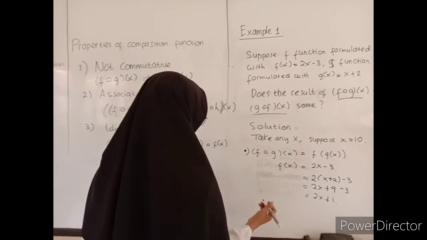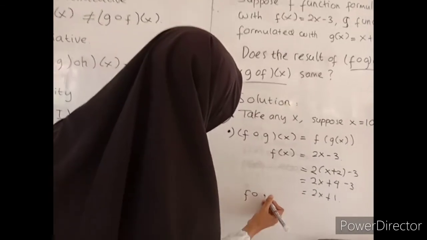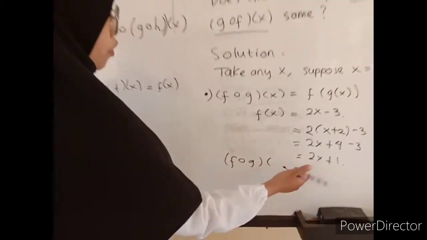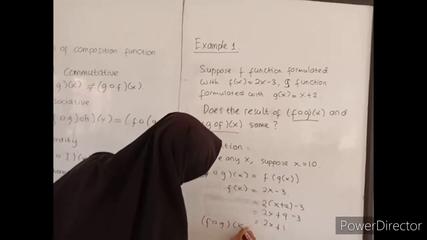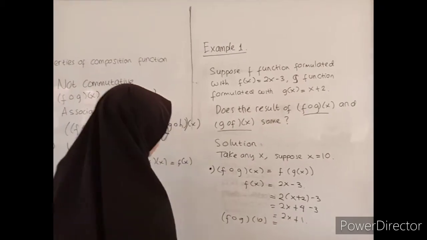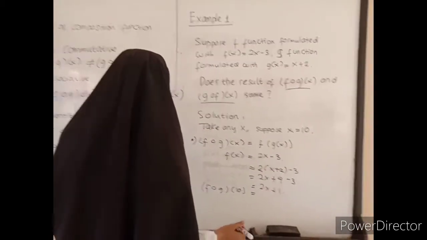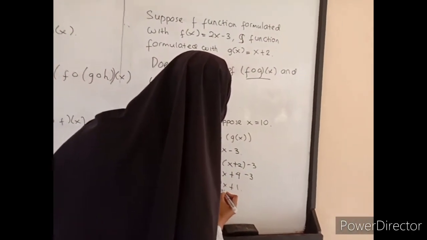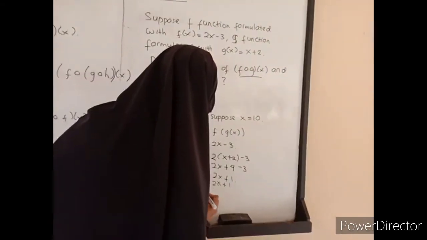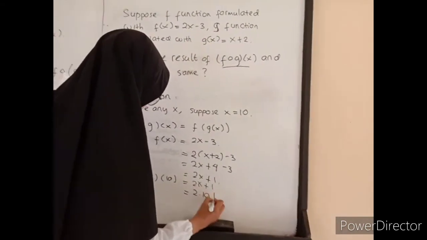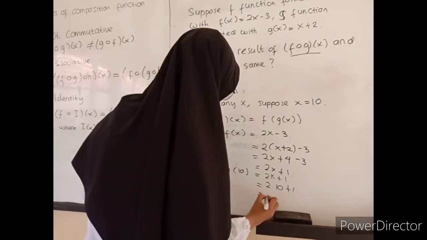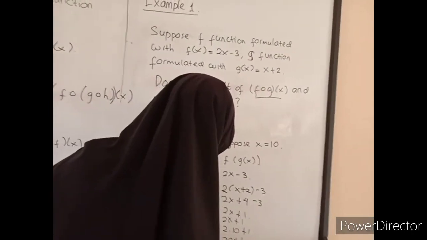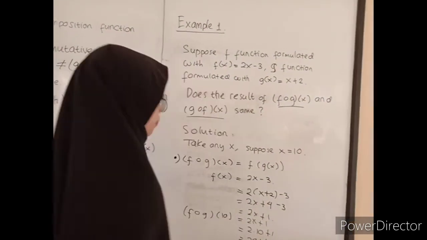And then for (f ∘ g) with x equal 10, you can write 2x + 1, 2 times 10 plus 1. 20 plus 1 is equal to 21, like this.